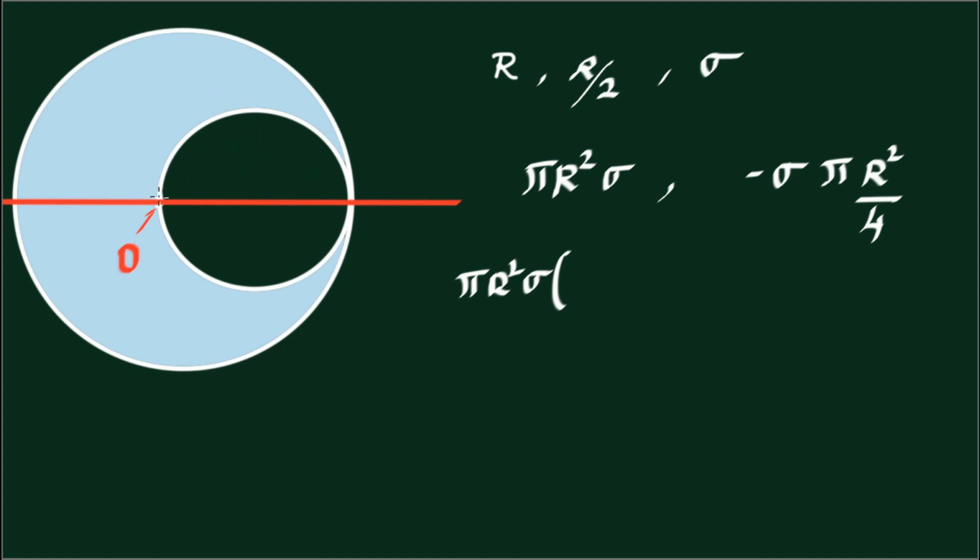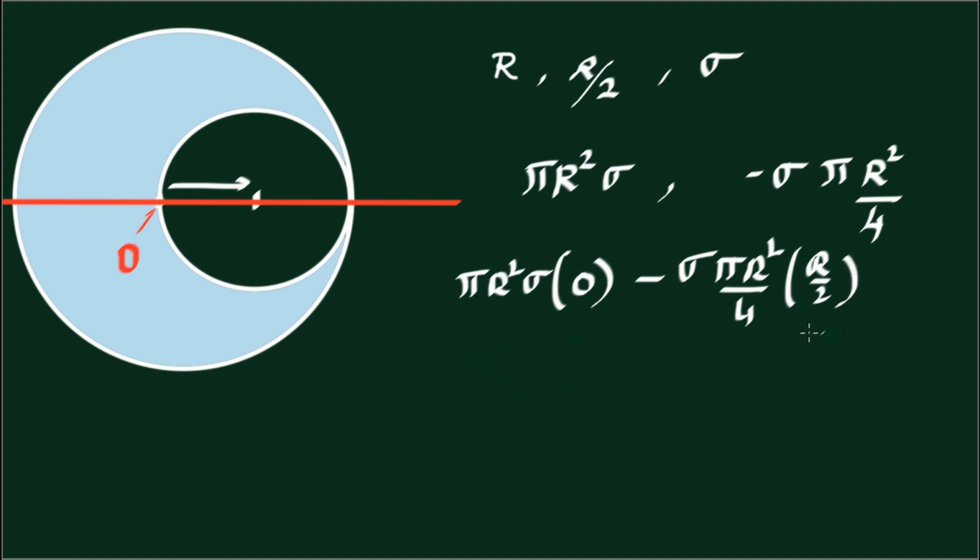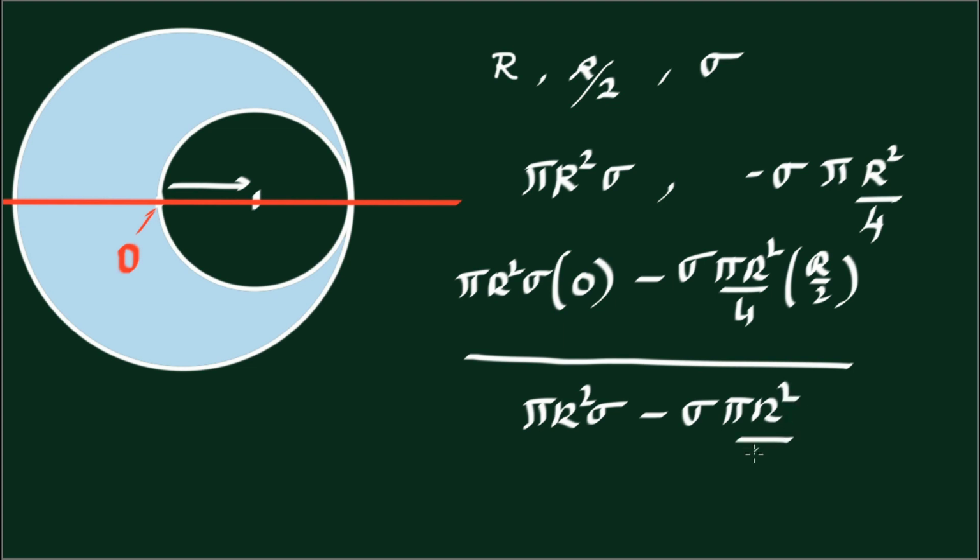The full disk has its center of mass at the origin, so x coordinate is 0, plus m2 is negative, minus sigma pi r squared by 4, and its x coordinate is at a distance of r by 2. This is m1x1 plus m2x2 divided by the total mass, pi r squared sigma minus sigma times pi r squared by 4. This is the x coordinate of the center of mass.